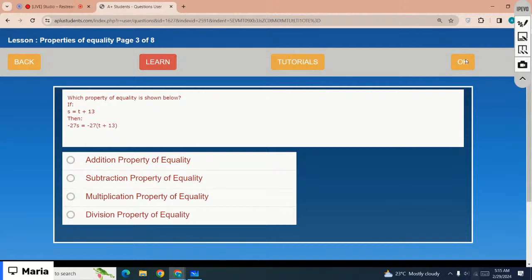Yes, you multiplied negative 27 on both sides, right? So multiplying the same number on both sides is the multiplication property of equality, right?